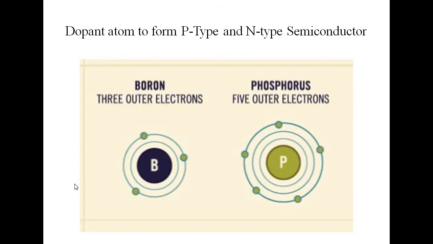Now we have to convert this silicon or pure semiconductor into n-type and p-type semiconductor.